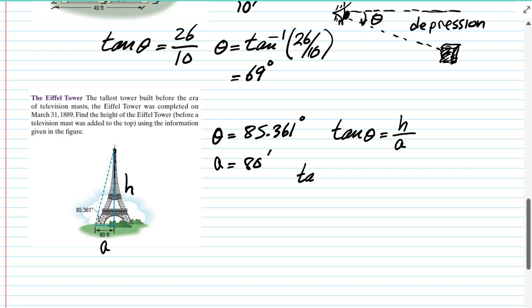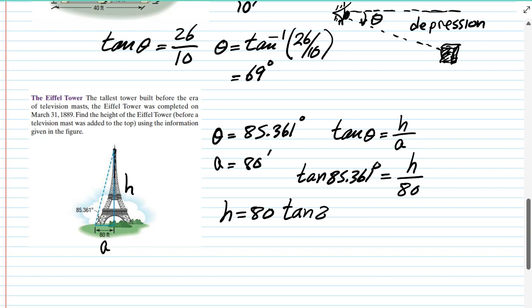That means tan of 85.361 is equal to h over 80. Then we can cross multiply. This one, I don't even have to use the inverse. I just use 80 times the tangent of the angle.